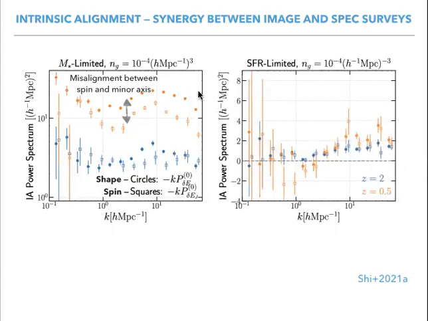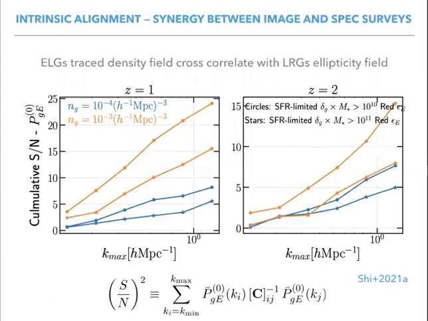So we found that for the luminous red galaxies, so massive galaxies, we can obtain a good intrinsic alignment signal even up to redshift 2. However, for those emission line galaxies, we don't see a clear intrinsic alignment signal. And we also estimate the possible signal to noise ratio for those two samples.